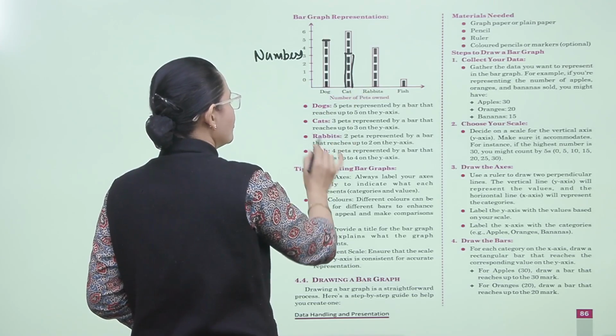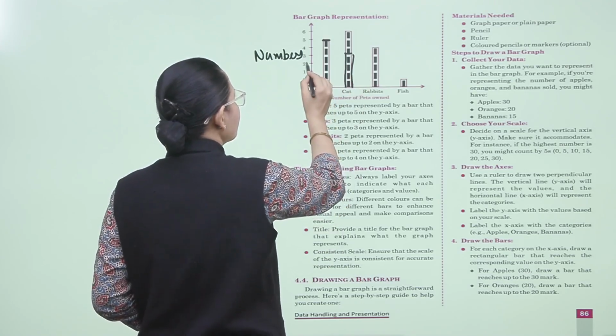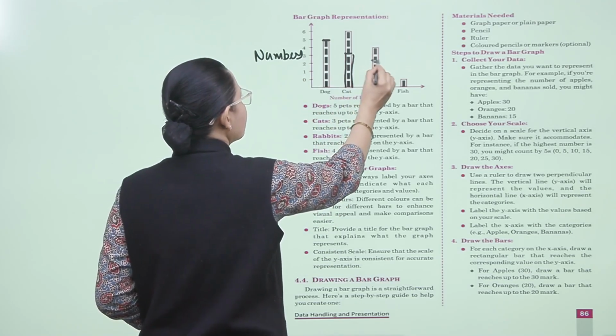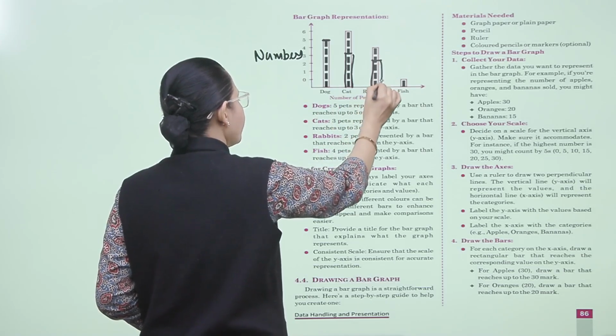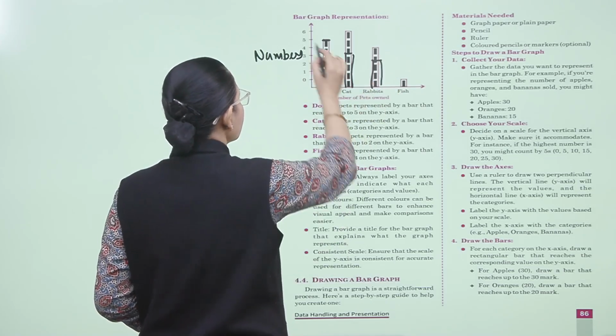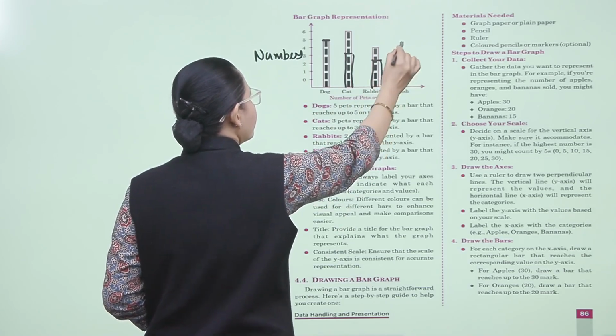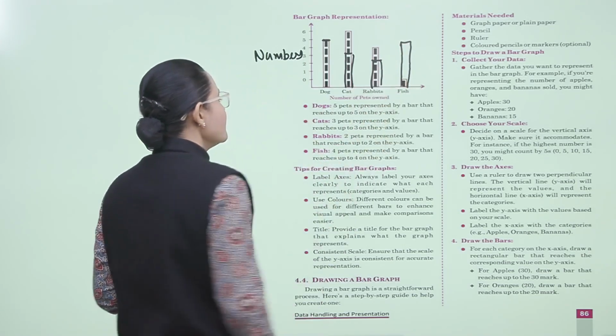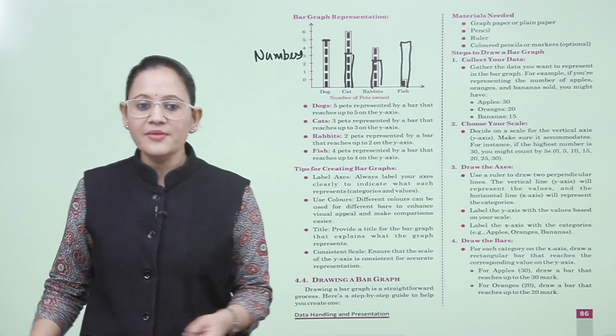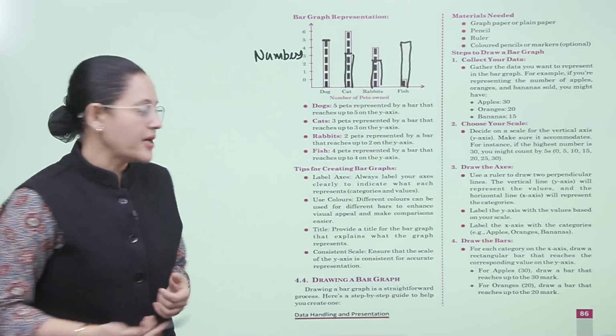Clear? 2 rabbits, so corresponding to y-axis, here is 2, and 4 fishes. Like this we will draw the bar graph. Clear?